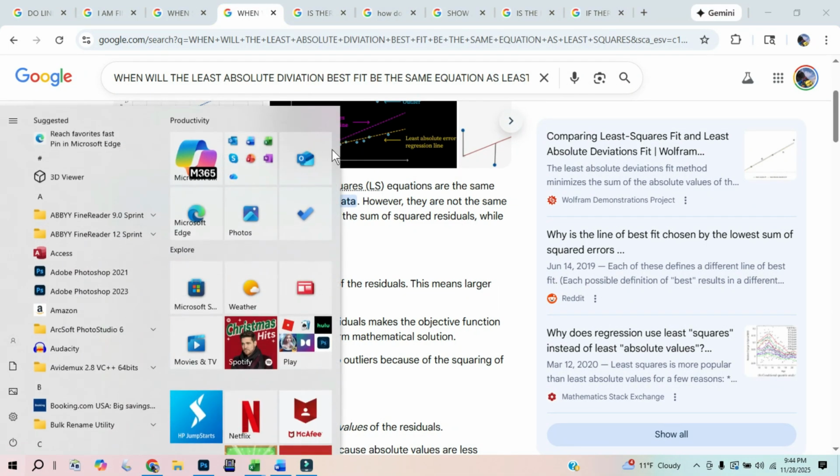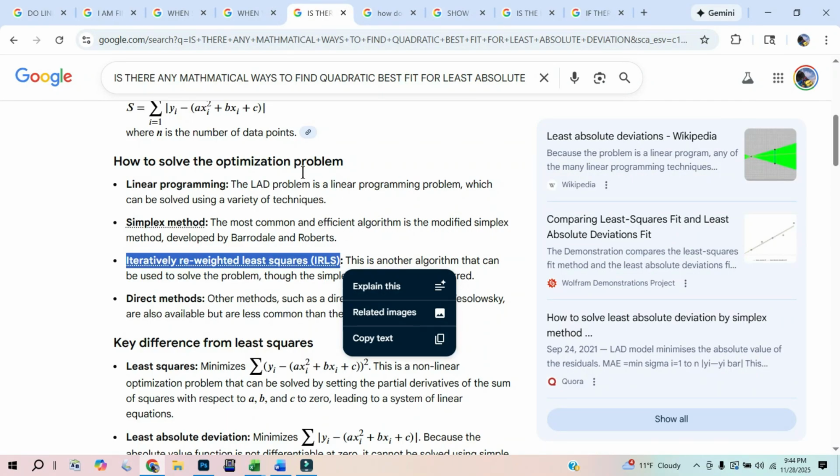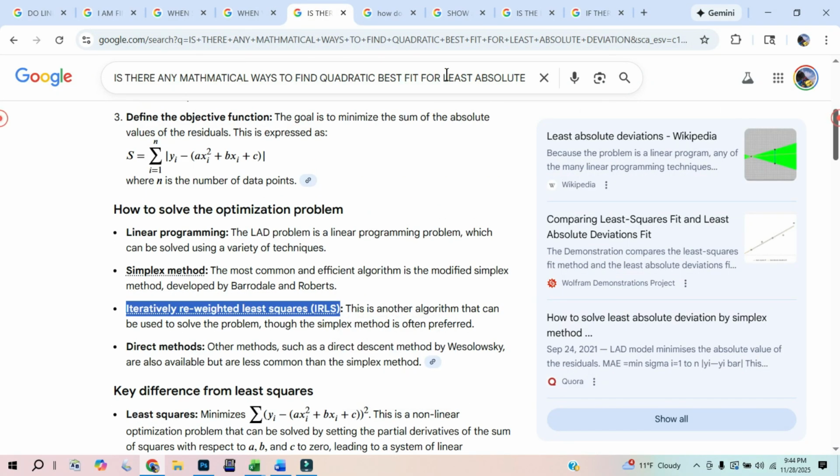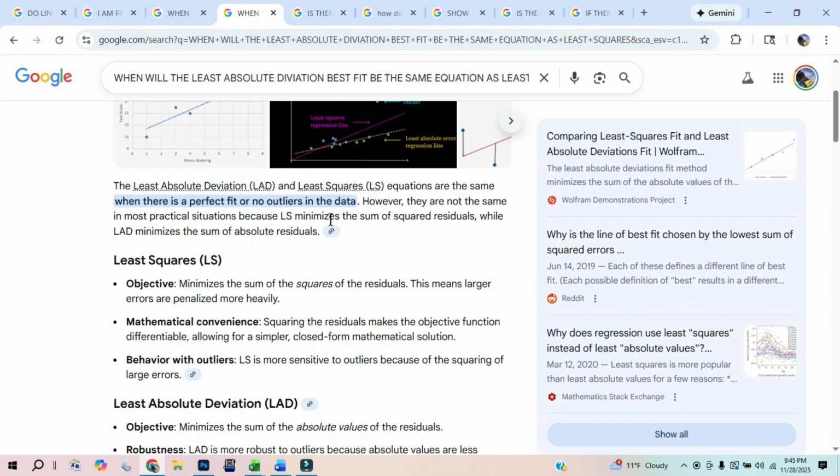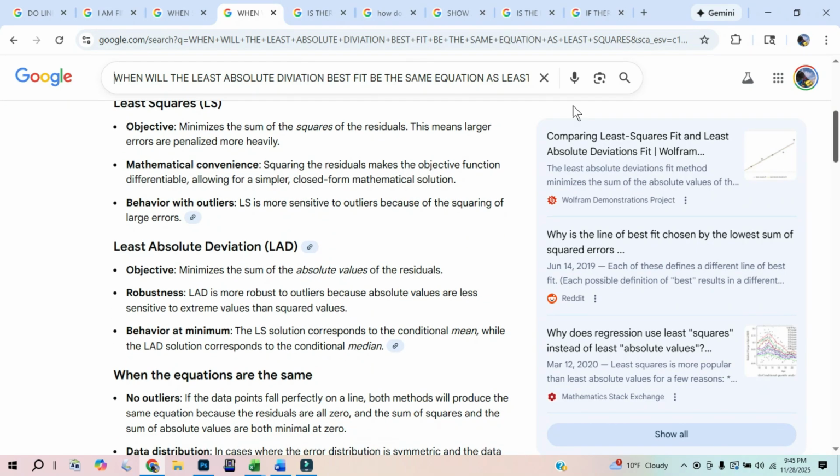But yeah, cool. So let's take a look at what we got. Is there any mathematical way to find a quadratic best fit for least absolute deviation? I just want to know if there's a mathematical way to do that, because maybe before it said you can't use it. It says least squares is used for mathematical convenience, because it's differentiable.